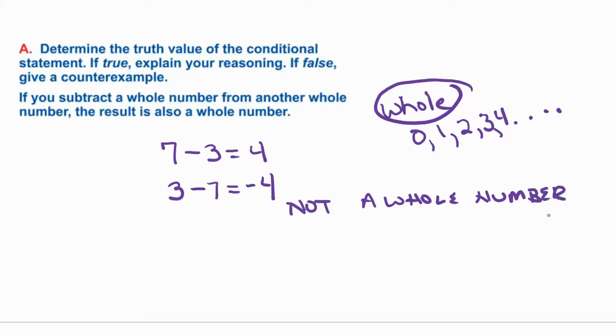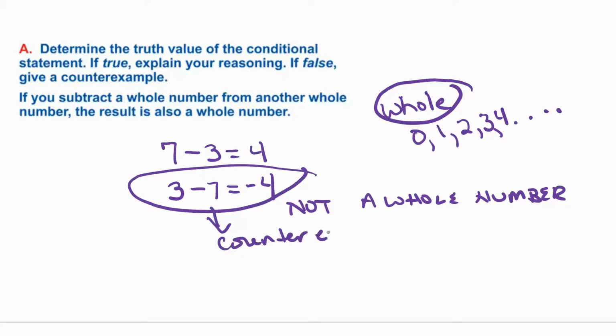So that's when it doesn't work, and this is our counterexample. We only need one counterexample to show that something's not true. So this statement is false. The hypothesis is true. We can subtract one whole number from another one, but the conclusion is false. It does not always give us a whole number.